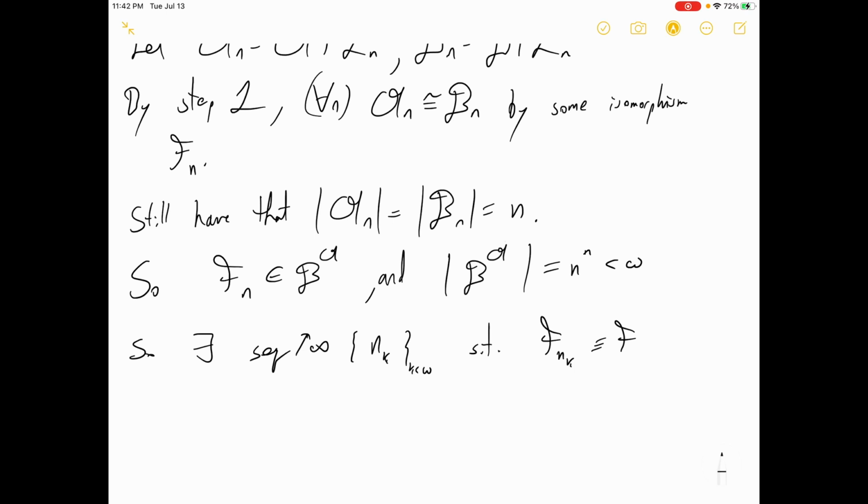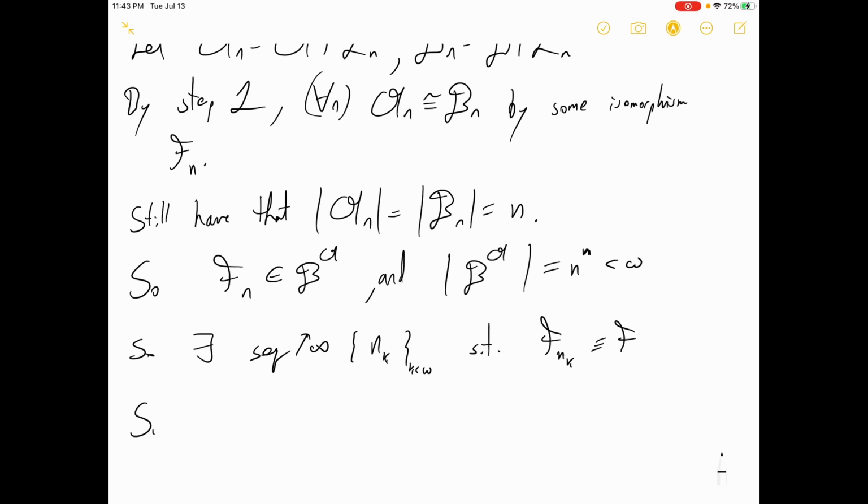So basically, the idea here is you have a finite total possible set of maps. There's only n to the n possible maps. So as you're increasing the size of your language, you're possibly picking up different isomorphisms, but there's only finitely many total possible isomorphisms between these two finite sets of size n.